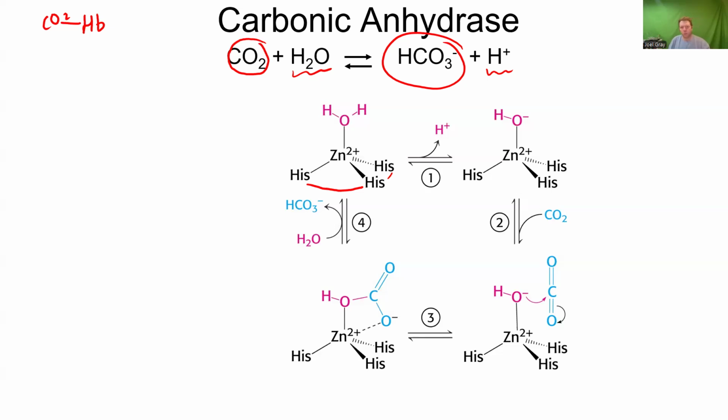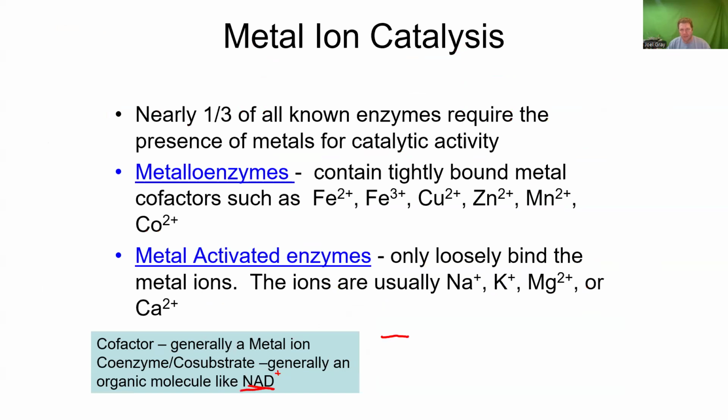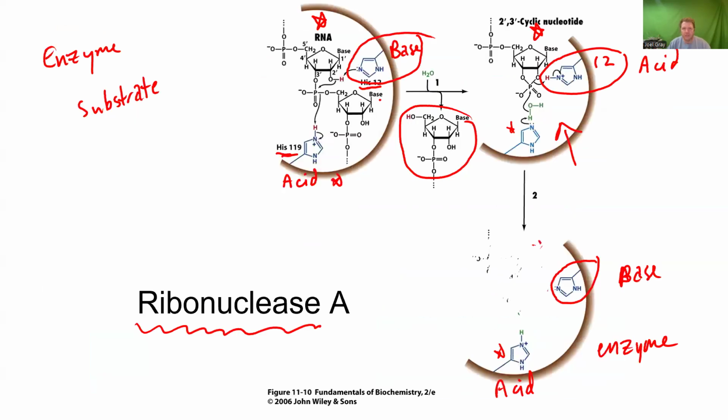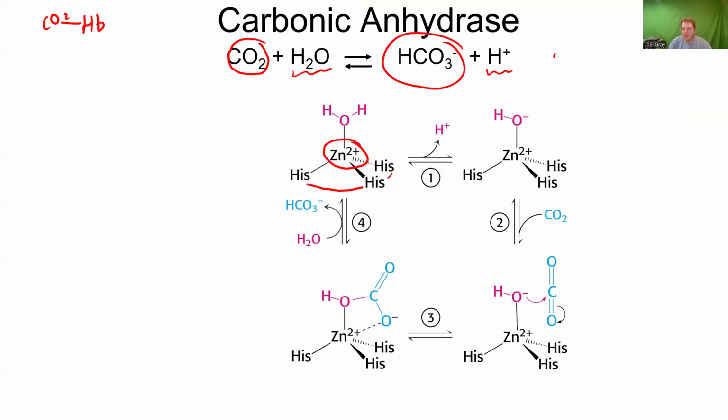They are positioned in a way to basically just hold on to a zinc ion. Looking back at our metal ion catalysis definitions, metalloenzyme or metal activated enzyme, carbonic anhydrase is an example of a metalloenzyme.